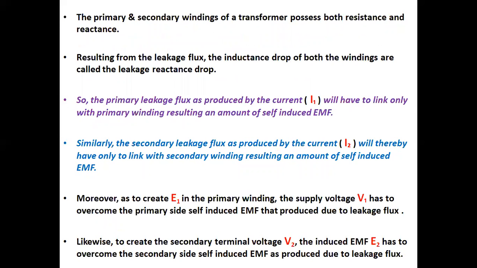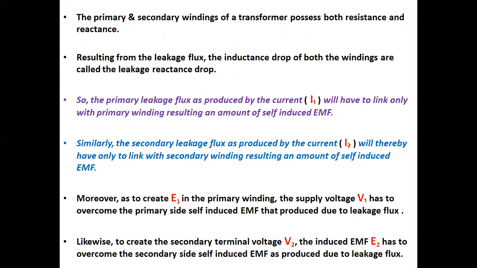The primary and secondary windings of a transformer possess both resistance and reactance. Resulting from the leakage flux, the inductance drop of both the windings is called the leakage reactance drop.